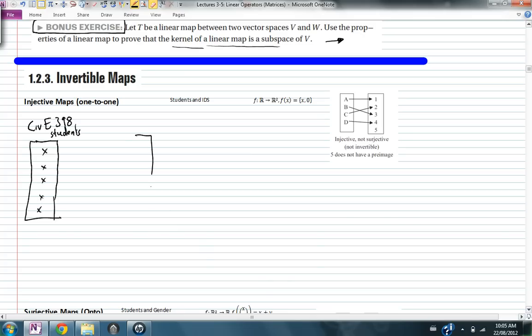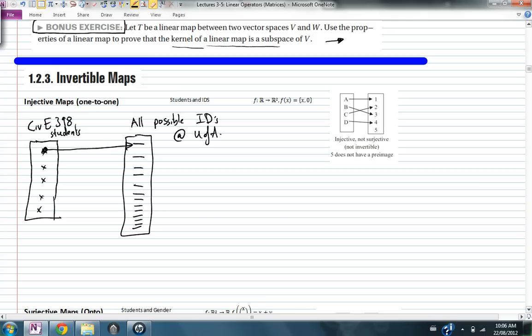And I have a set of all possible student IDs at the University of Alberta. Now, for every student here, there is a unique ID.